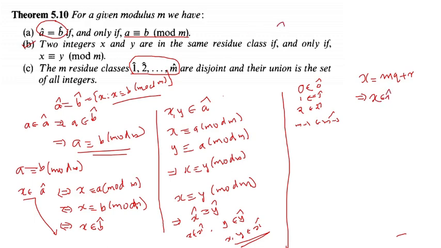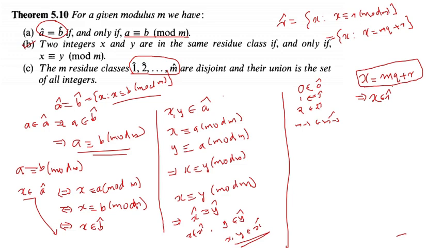R cap is nothing but the collection of all those elements such that X is congruent to R modulo M, which is nothing but the collection of all those elements such that X equals MQ plus R. That means here we get X equal to MQ plus R by the division algorithm.